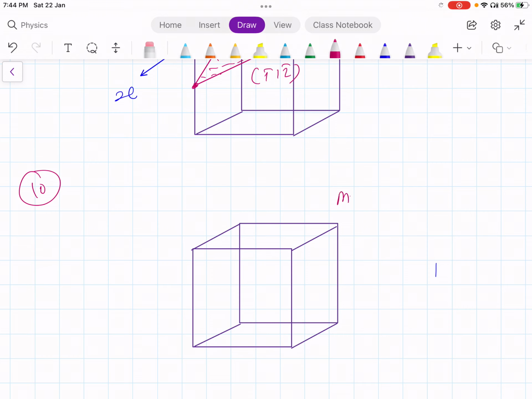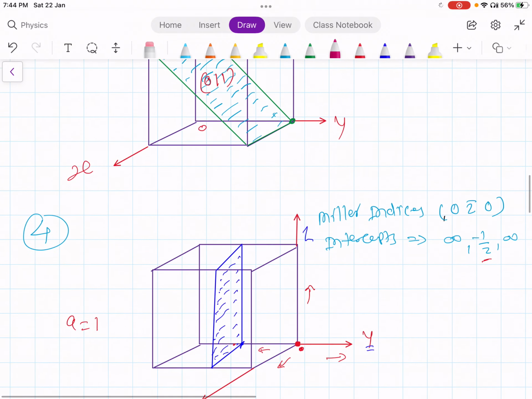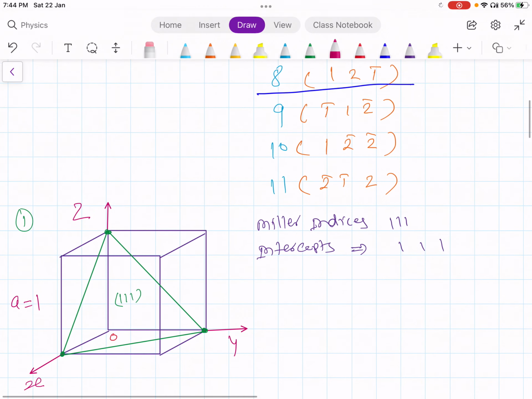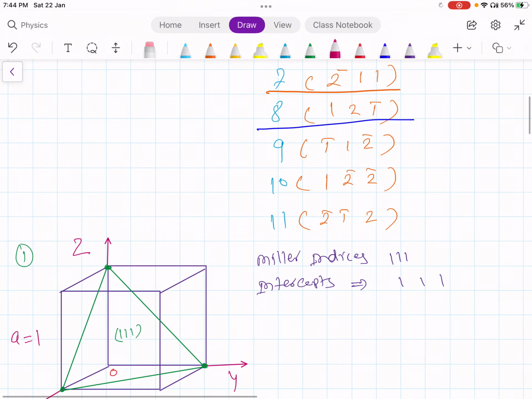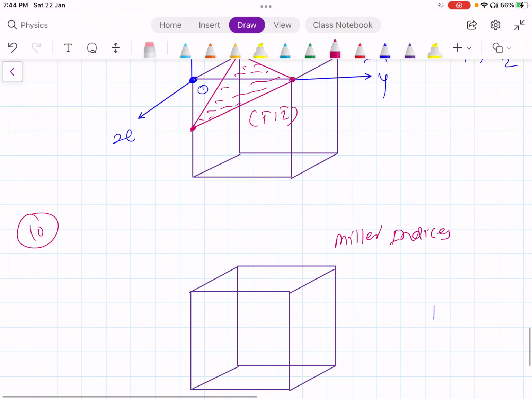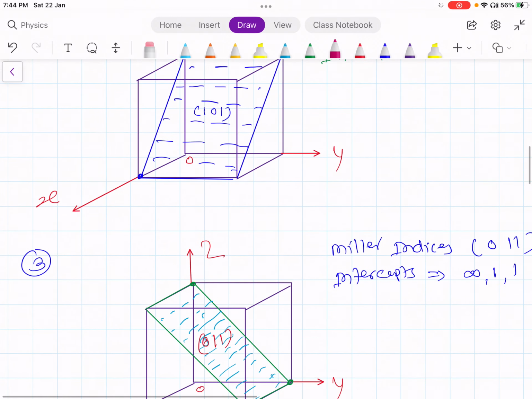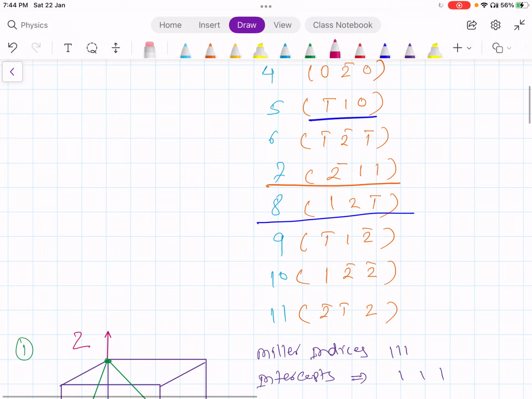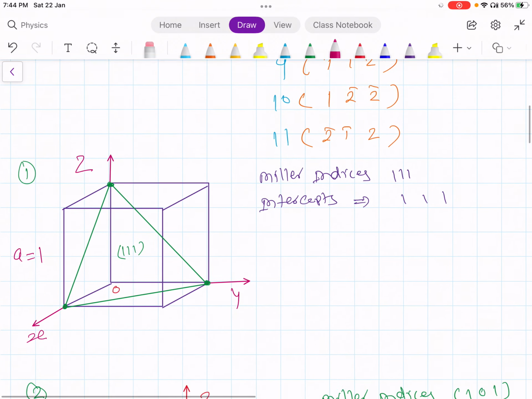See the Miller indices of the 10th one. Miller indices given are 1 bar 2 bar 2.